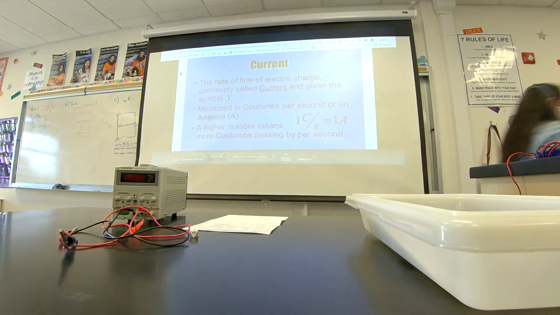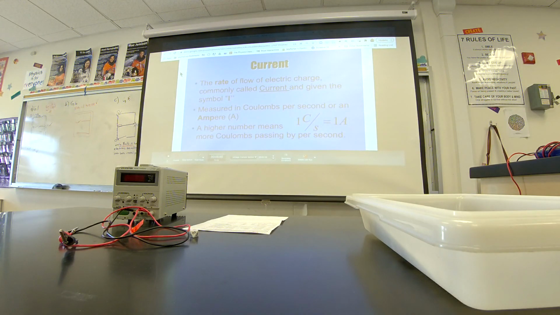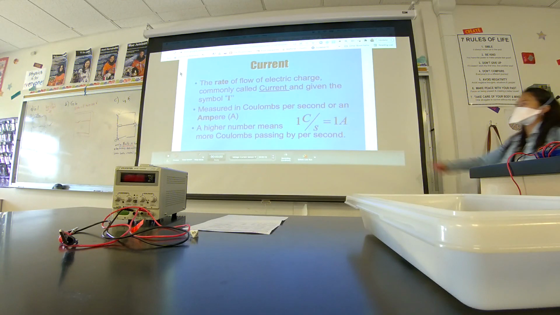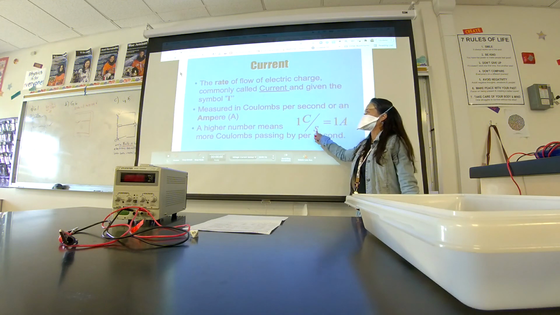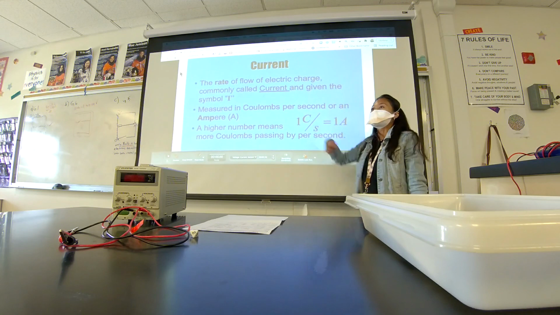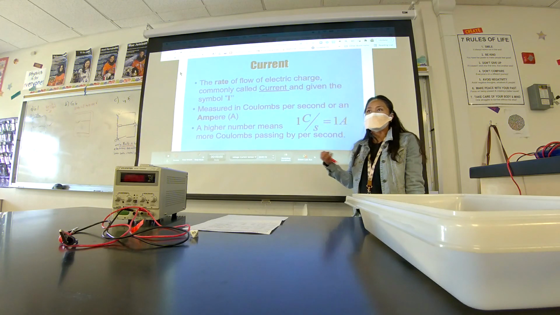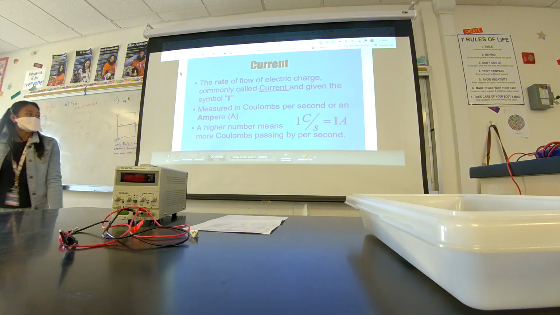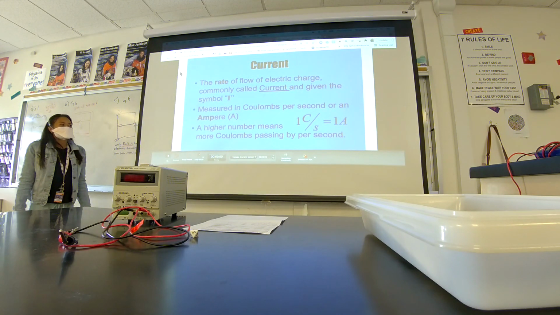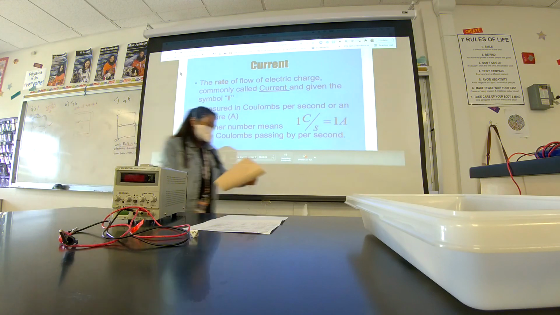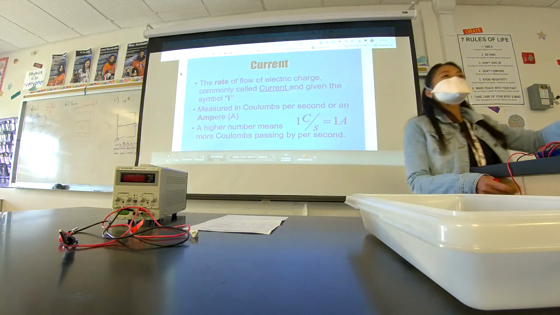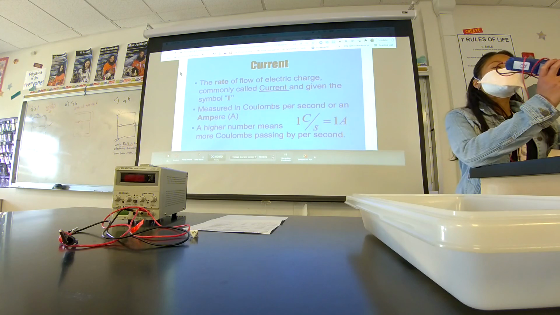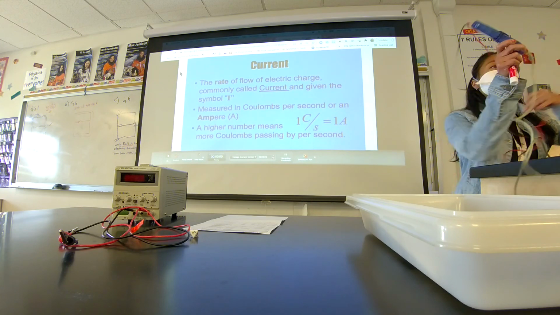Okay, so as I stated, another representation of amps is coulombs per second, because coulomb is your unit for charge, and it's how fast the charge flows over time. It's a rate. We're going to be measuring current today with, this is actually a voltmeter and an ammeter.